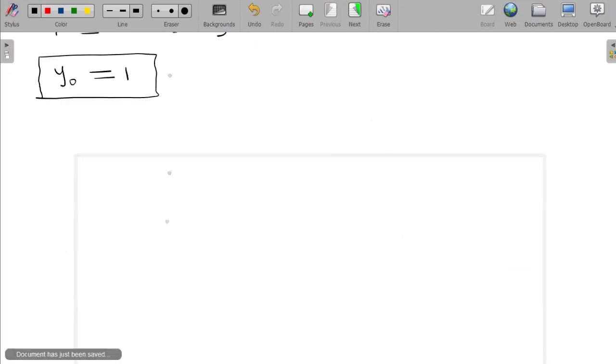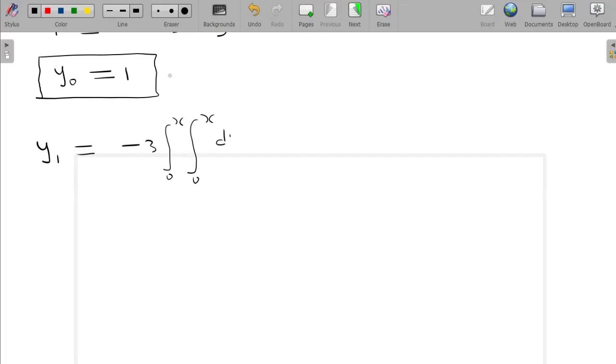So our y1 will equal to minus 3 integral from 0 to x of y prime naught dx minus 2 integral of y naught dx.